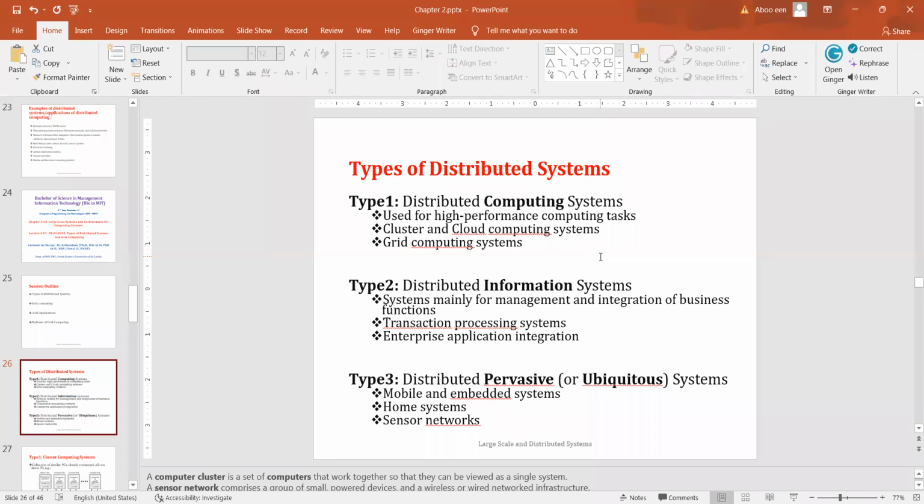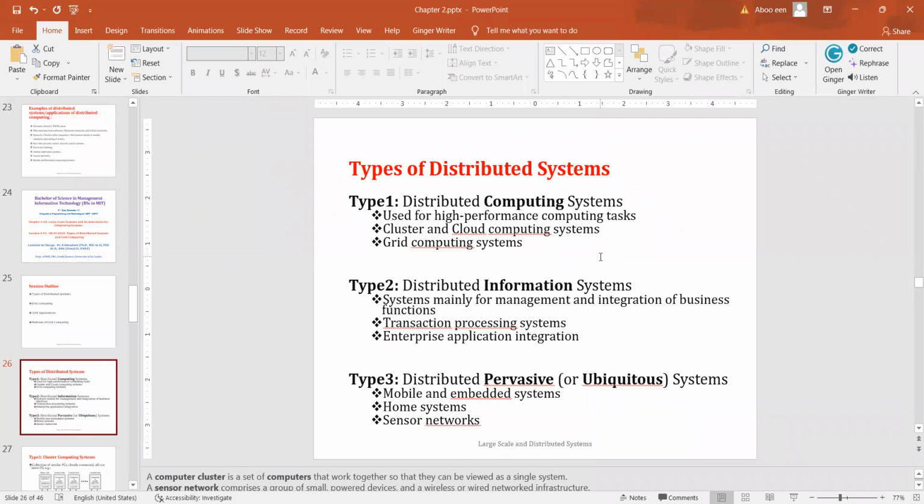Basically, the idea behind cluster computing is a collection of computers that work together, and this collection can be viewed as a single system. This kind of system can also be treated as a distributed computing system. A little later, I have an example to discuss type 1, and you can understand it then.